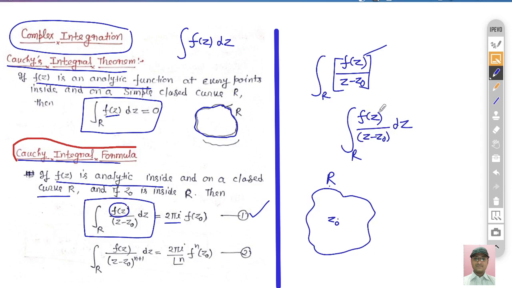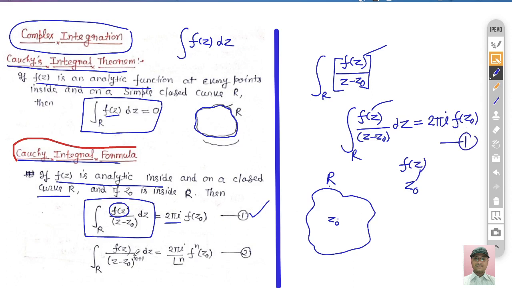So you find out f(z), and you have z0. On the right hand side you put 2 pi iota times f(z0). Whatever f(z) is, you just put z is equal to z0 and finally you will get the result by this equation 1.